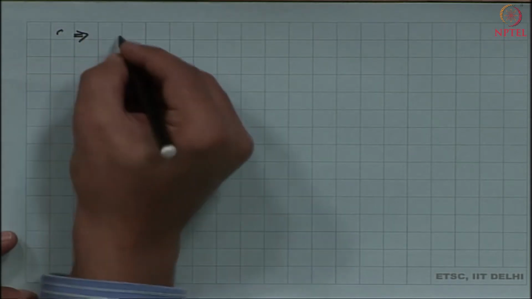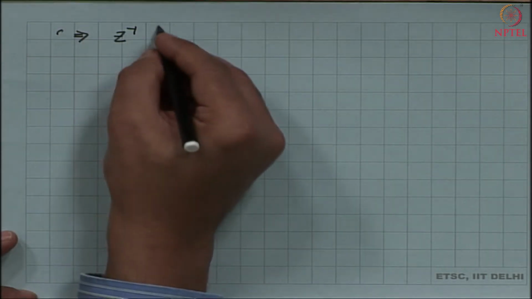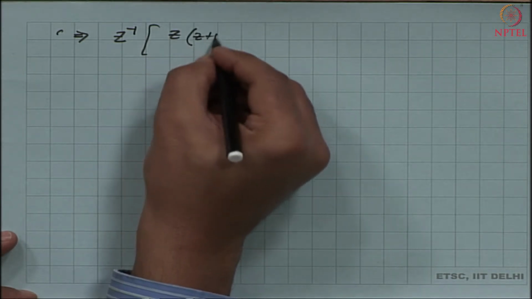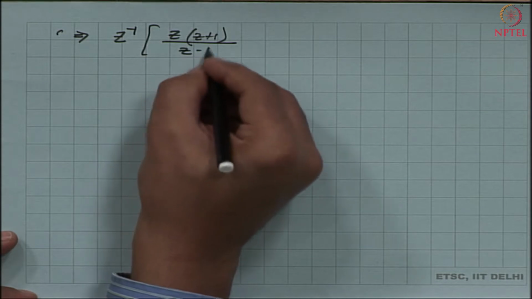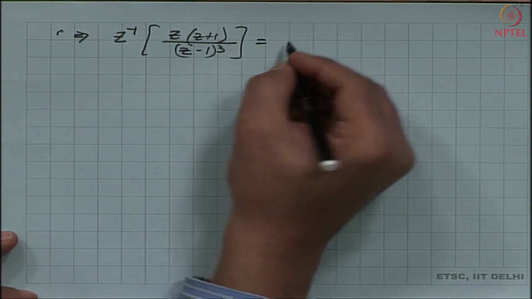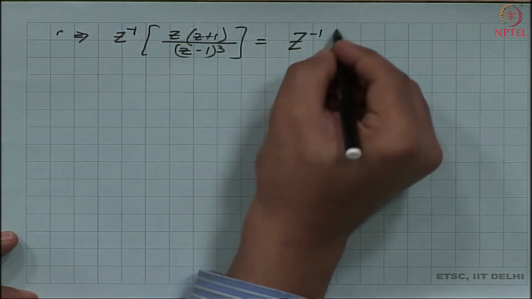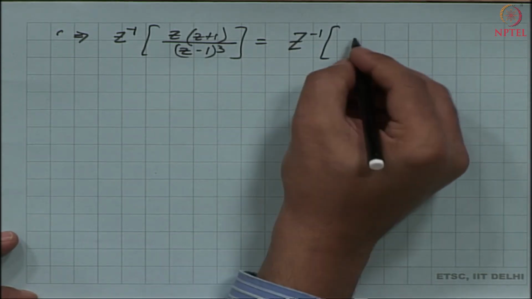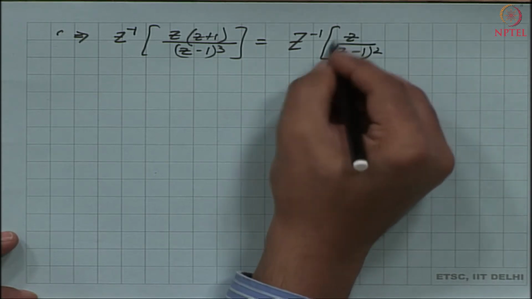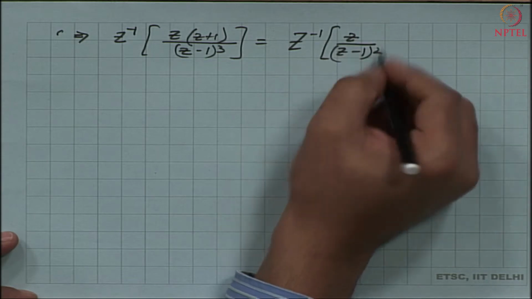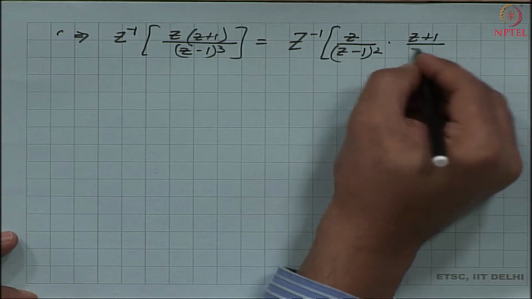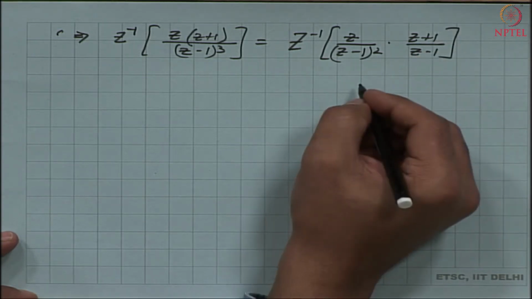The inverse transform of z times z plus 1 divided by z minus 1 cube can also be written as the inverse transform of the product of z by z minus 1 square, for which I know the inverse transform, times z plus 1 divided by z minus 1.